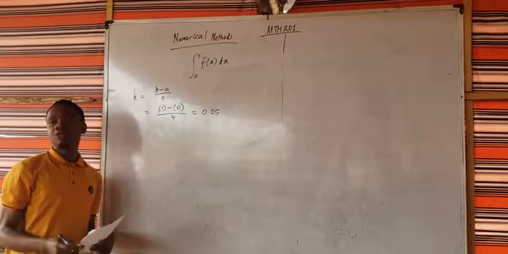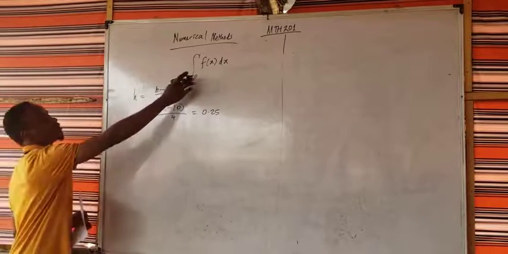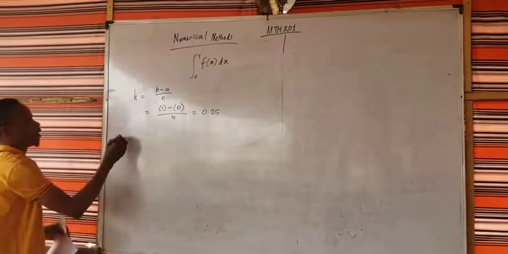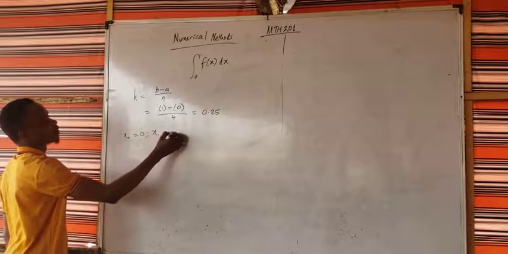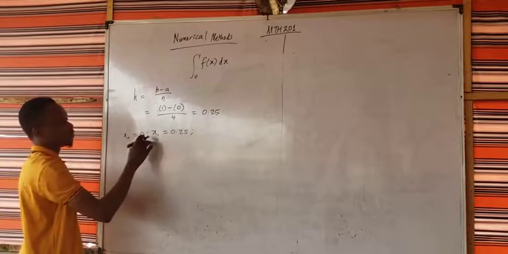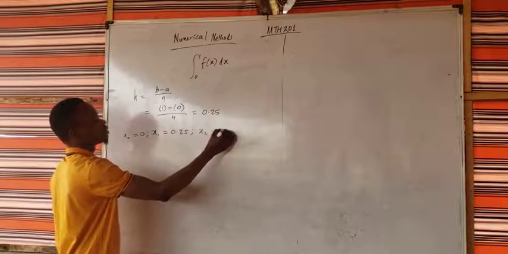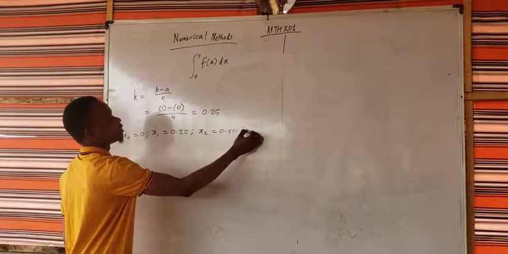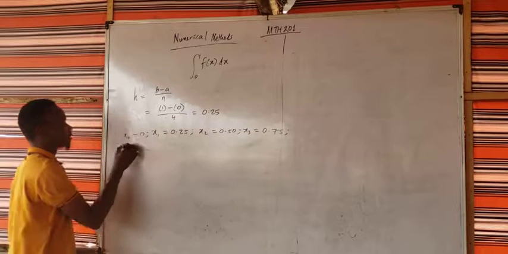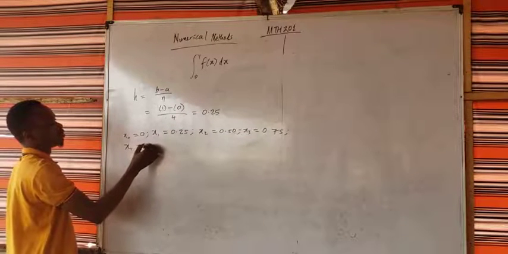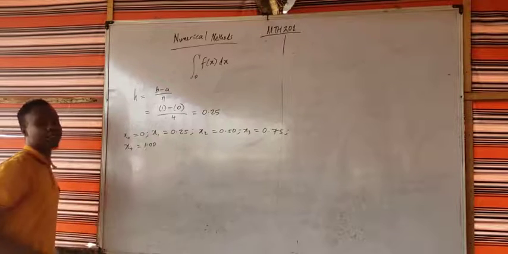Are we together? If this is the size of the interval, what will be the ordinates? We are going to start from 0. So the ordinates will be x0 equal to 0, x1 equal to 0.25, we just keep adding h, then x2 equal to 0.50, x3 equal to 0.75, and x4 is equal to 1.00. Does that make sense?